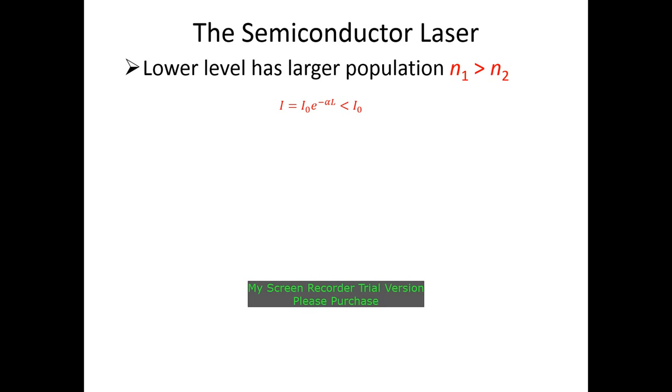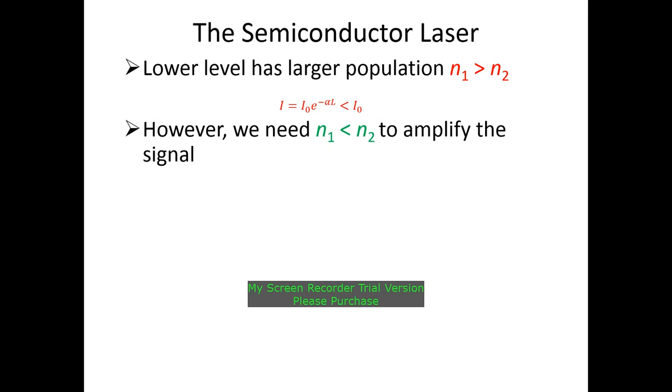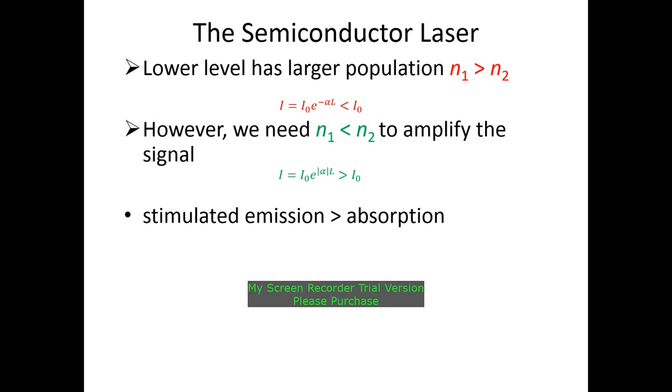The final intensity I is equal to I naught times e to the minus alpha times L, where I naught is the initial intensity and alpha is the absorption coefficient. If N2 is larger than N1, alpha is negative. From the same equation, we can see that I naught is smaller than I, which means the signal is amplified. Here we have a laser.